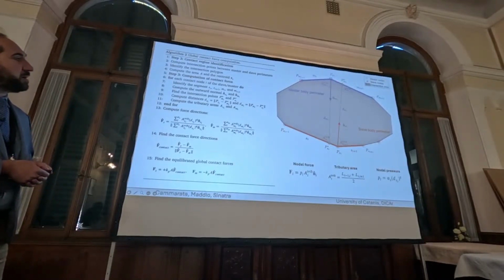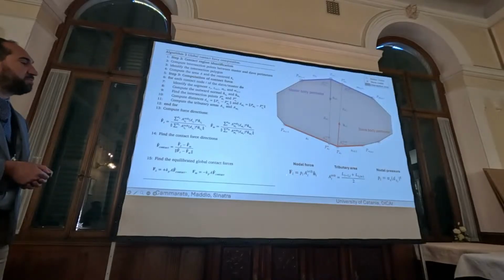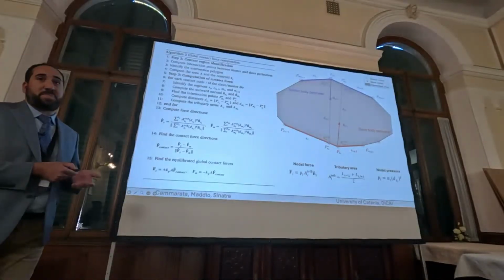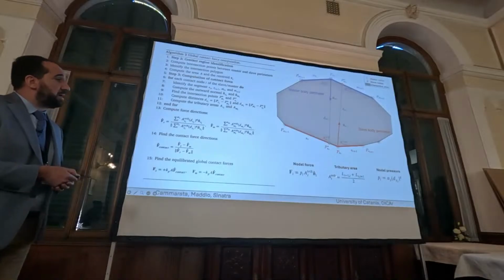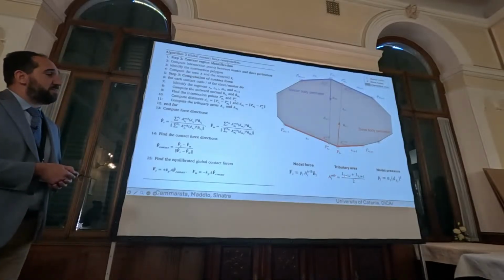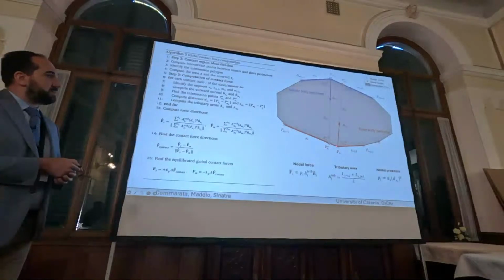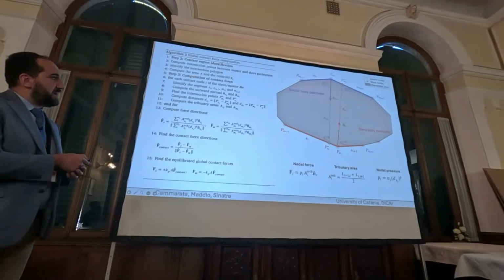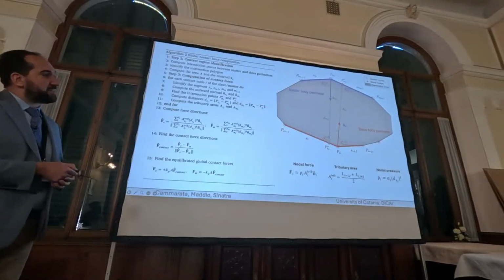And for each point, we define a force as the product of a pressure, Pi, and a tributary area that, in this case, in a planar system, is only a mean length. Mean length means that we have to consider the previous points, so the points Si minus 1 and Si plus 1.